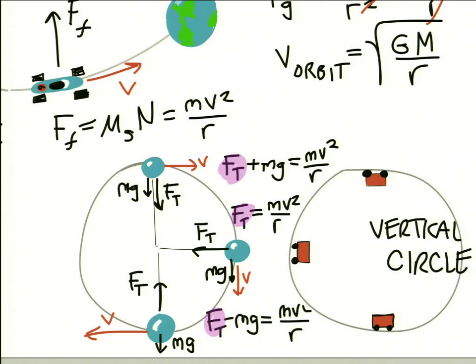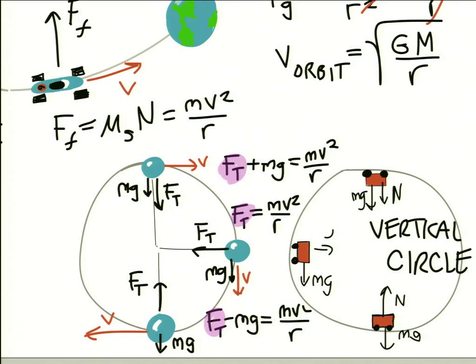So you'd have the mg weight acting down, but then you'd have a normal force acting in this direction. Mg acting this way and a normal force acting this way, and mg acting down and a normal force acting up. And you can generate very similar looking equations for the sum of the forces on each of these objects.